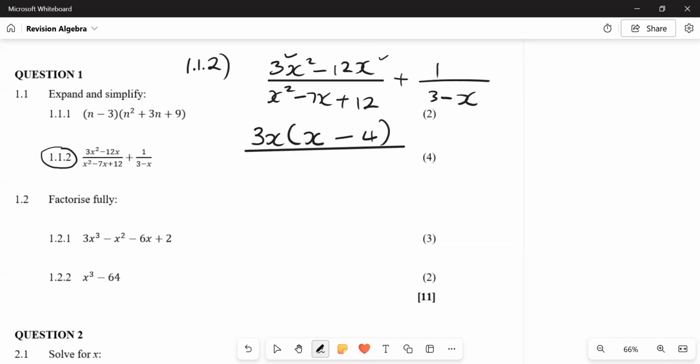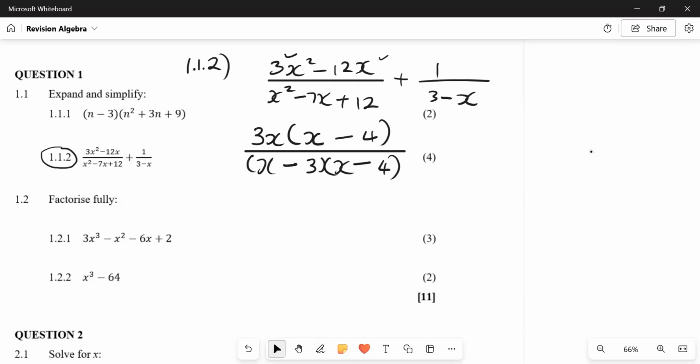All divided by, this is a trinomial, we can always factorize this part here. So you have your x and x. We're looking for factors of 12. When you add them, we get minus 7. So that's 3 and 4. Positive sign, which means you must have the same signs, right?